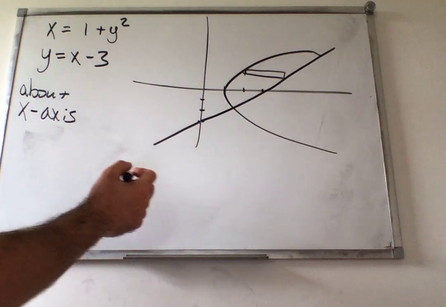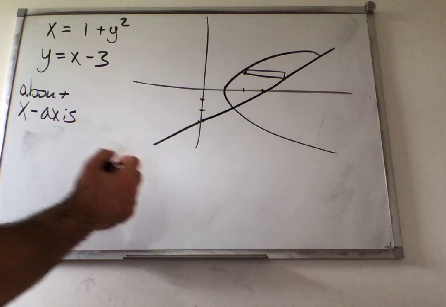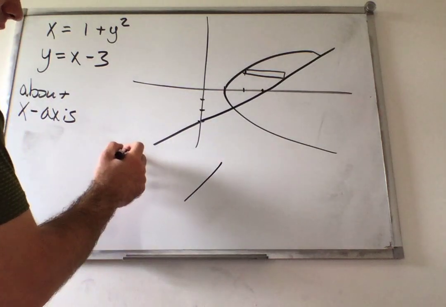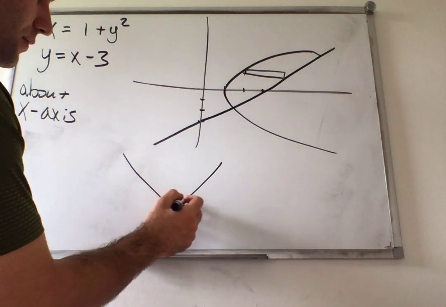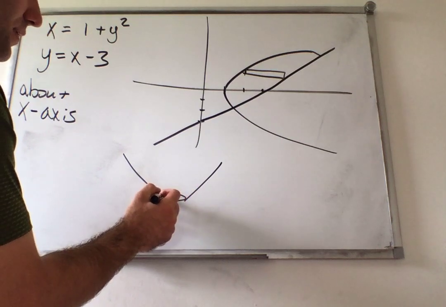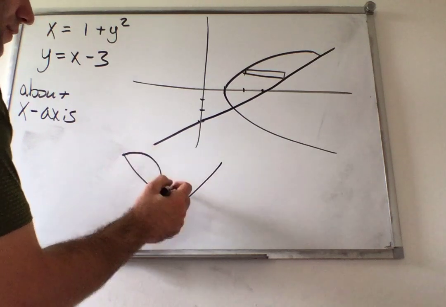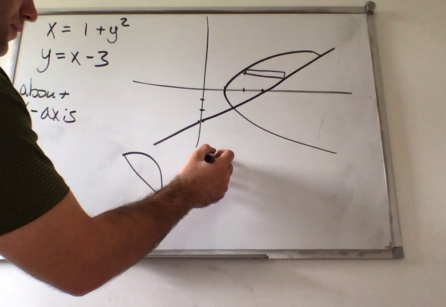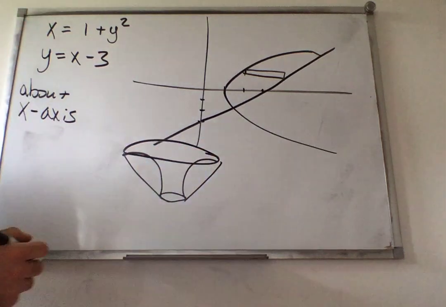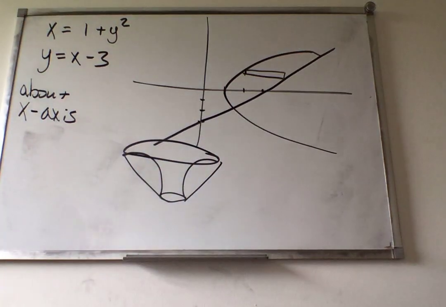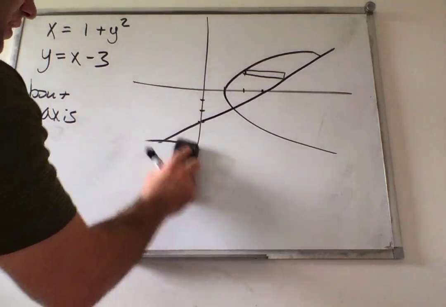So if I were to draw what this may look like, let's see. Circle, and then it's going to be something similar to what we had a bit ago. Okay.